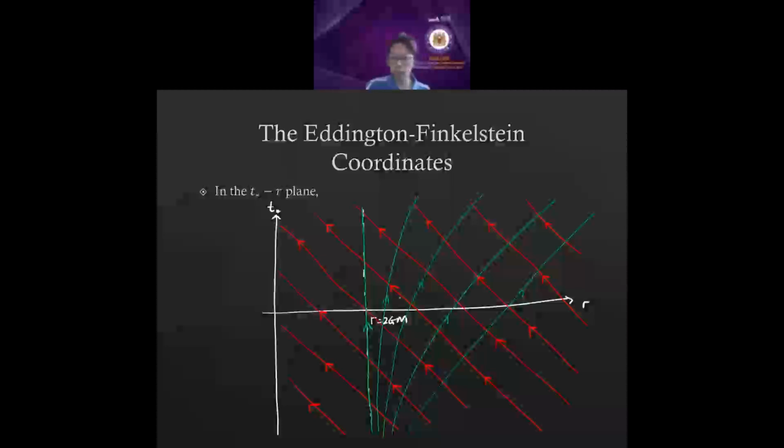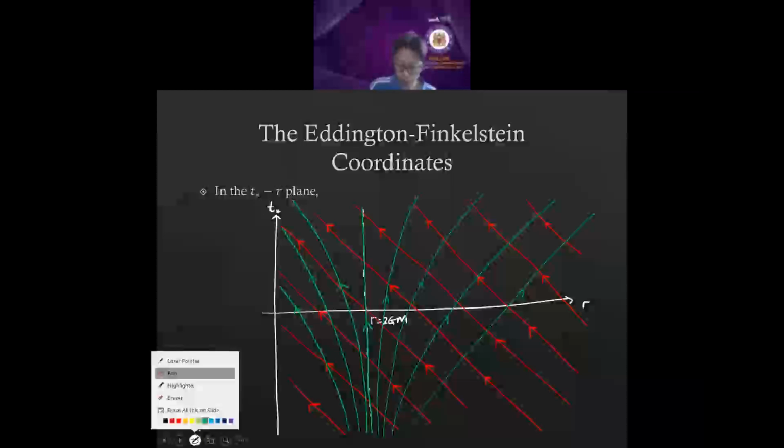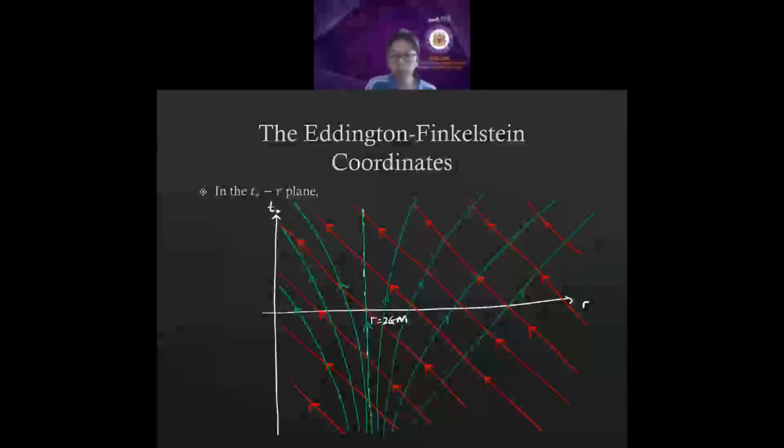Inside this r equals 2GM region, the outgoing light is still going to be decreasing in r. What is the significance of this? Recall that I said that particles or objects with mass can only travel within its local light cone.